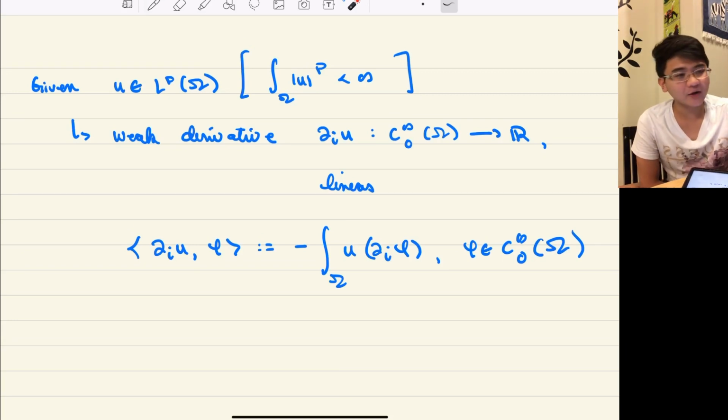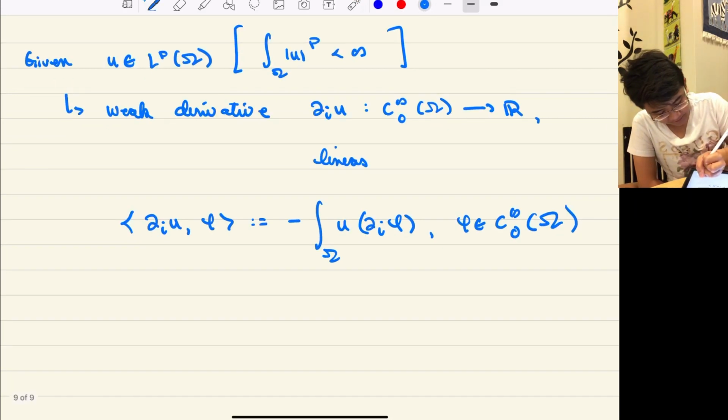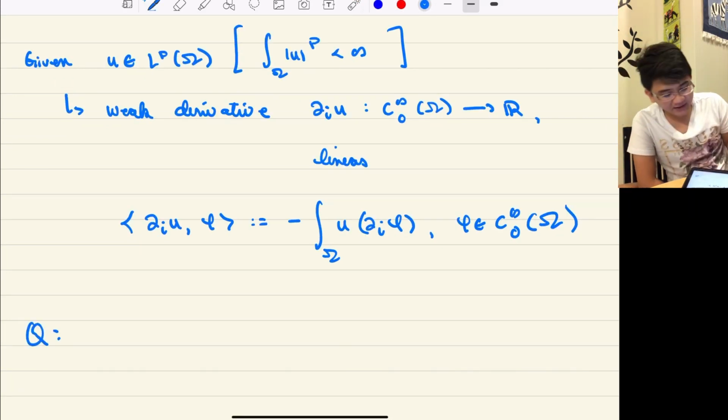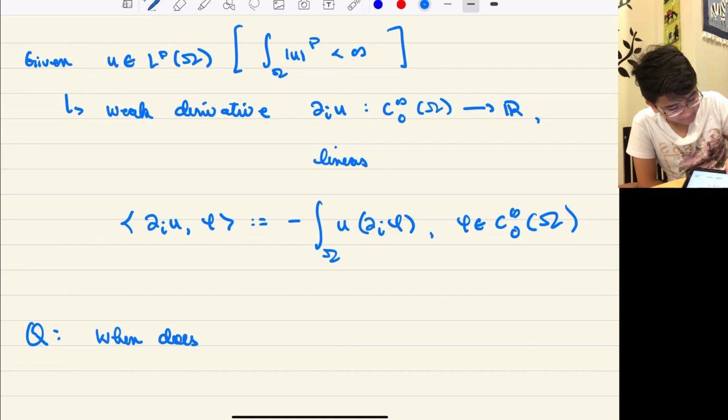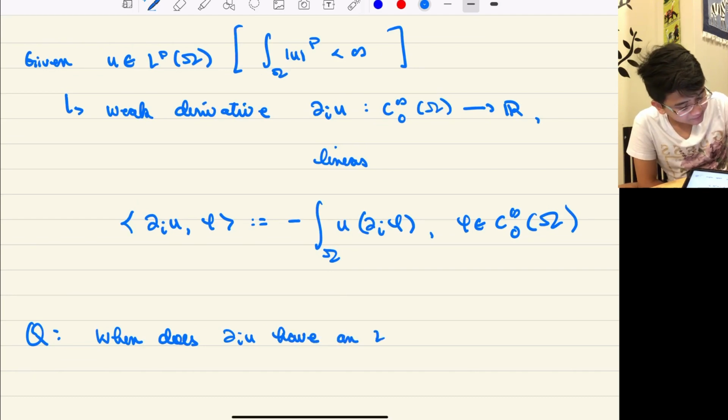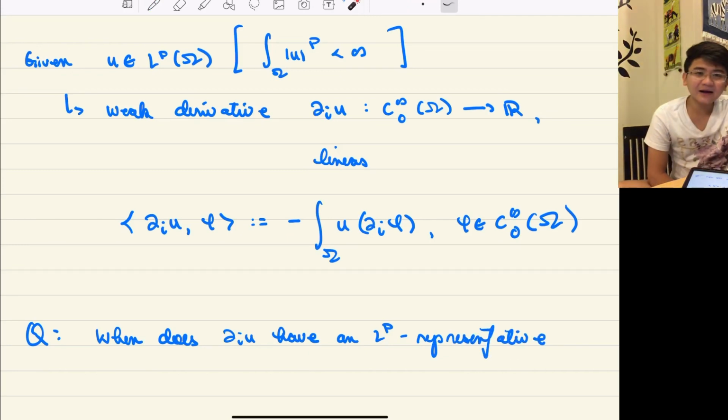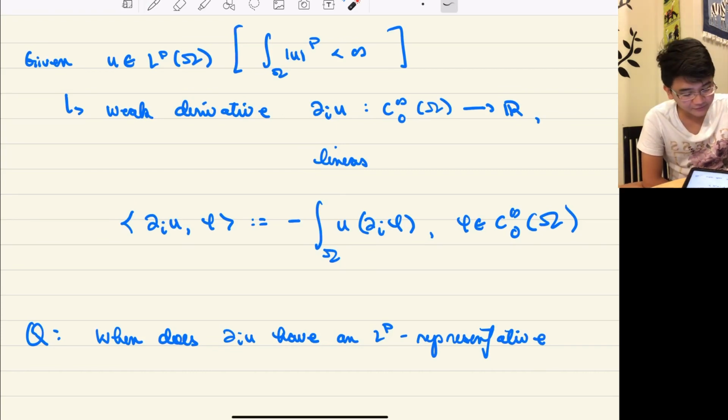So the question now is, when does the weak derivative have an L^p representative? Because here it's defined abstractly. It's a linear functional, which is very different from what we're used to.